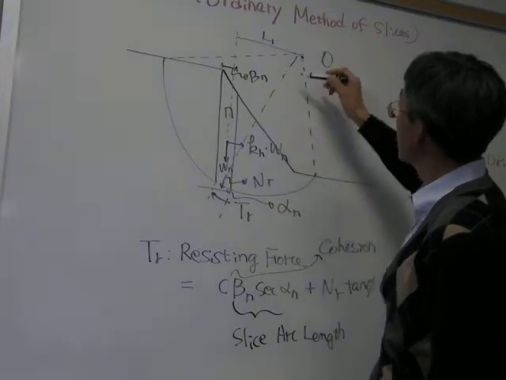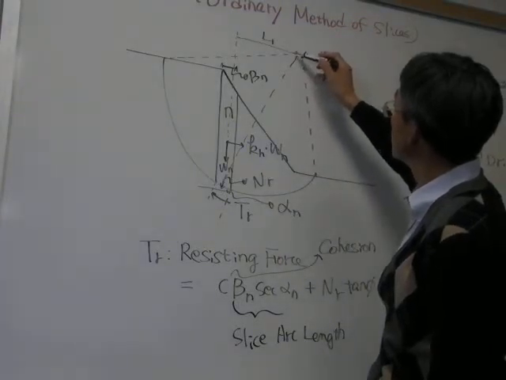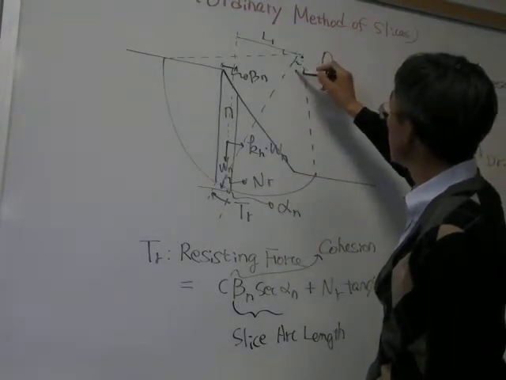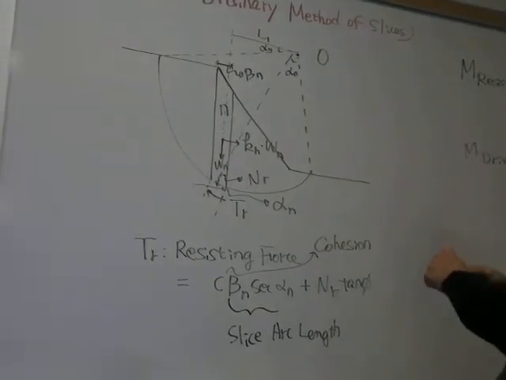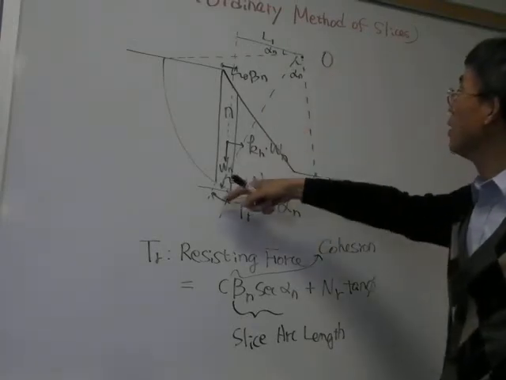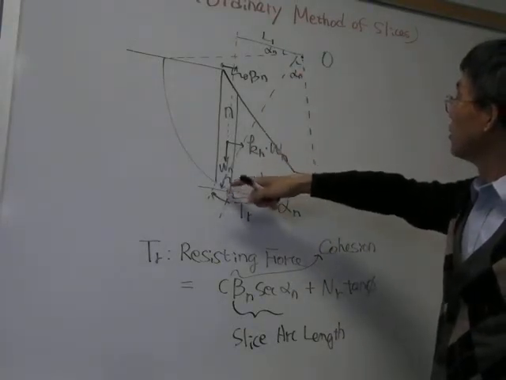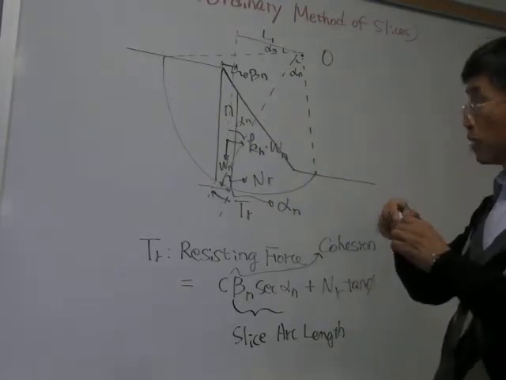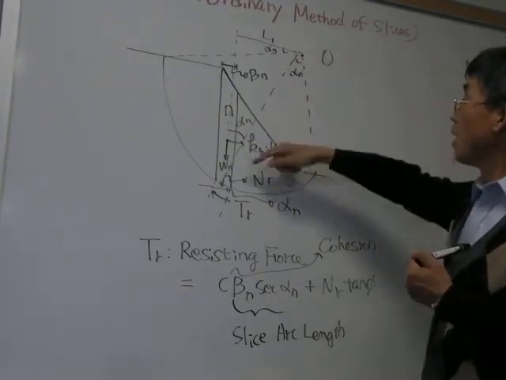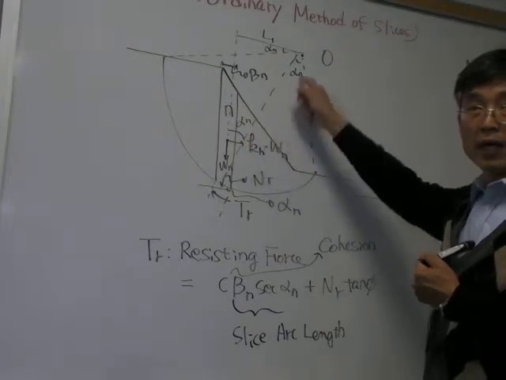This alpha looks very similar to this one and this one, alpha n. If this is r, then this is alpha n. Yeah, it looks like this L1 is really r sine alpha n.